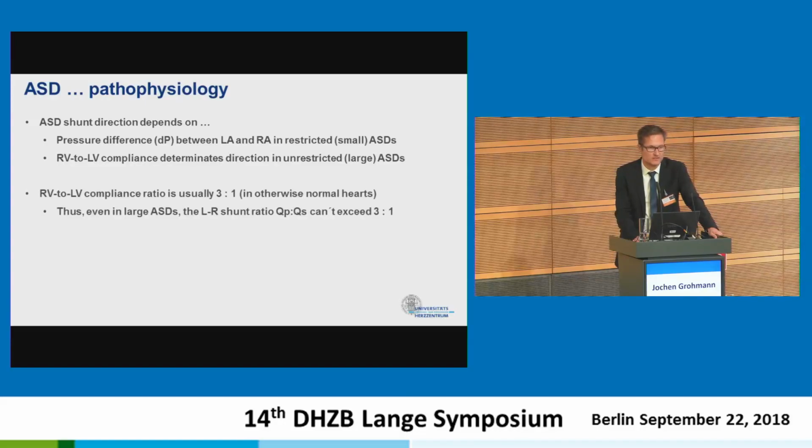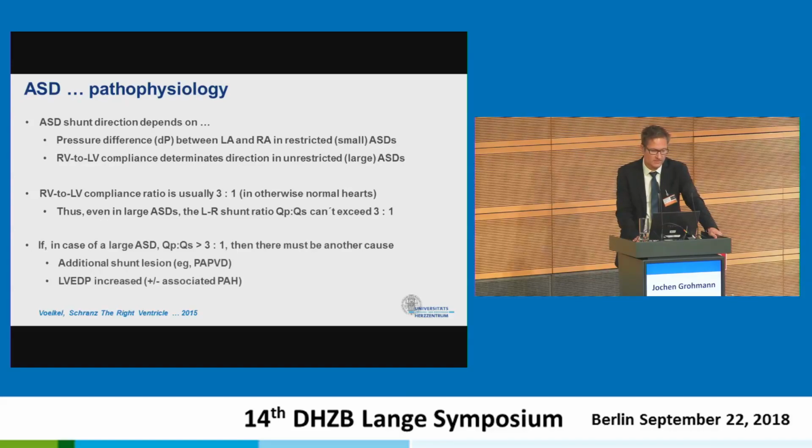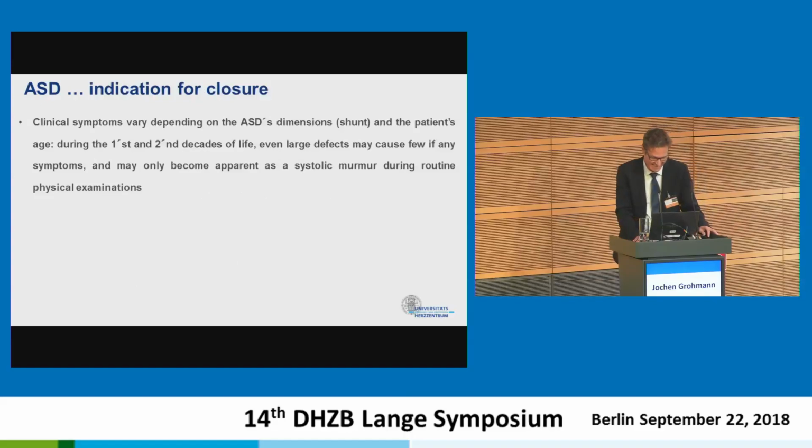Usually in normal hearts, this is a ratio of 3 to 1. So even in large ASD, this cannot be exceeded. If you find that, you have to look for additional lesions, additional shunt, or diastolic dysfunction of the left ventricle. That's not my talk.